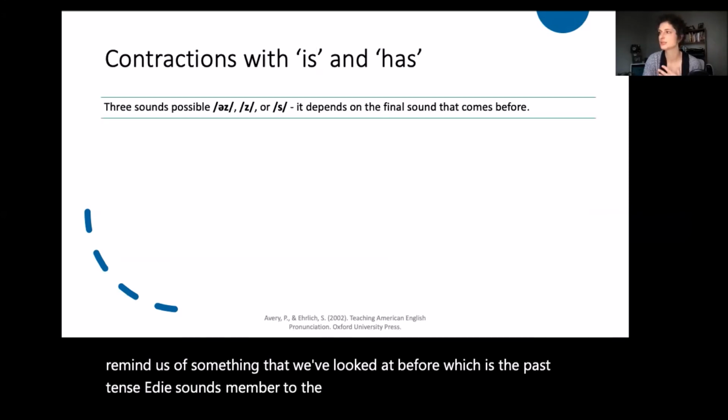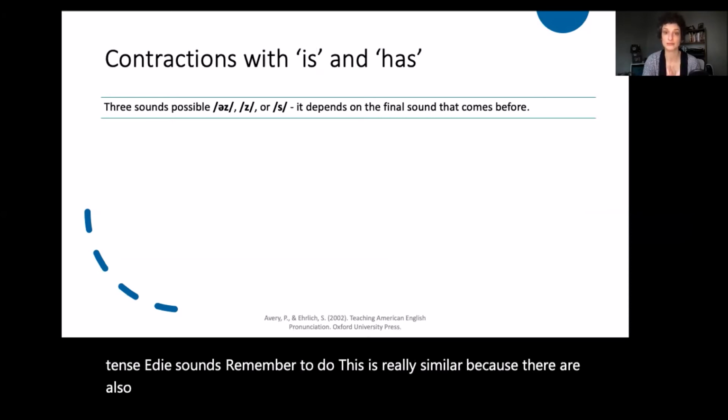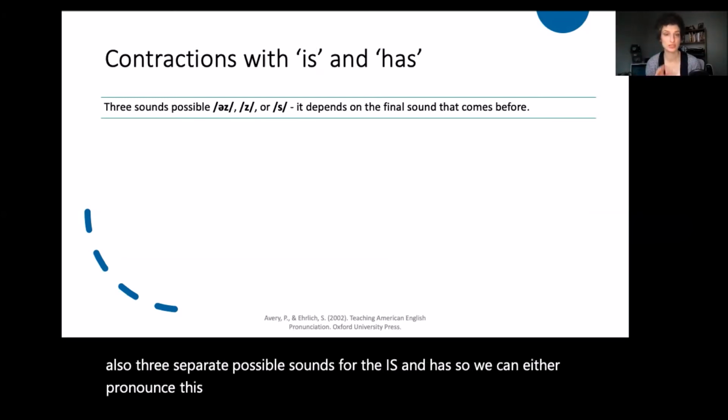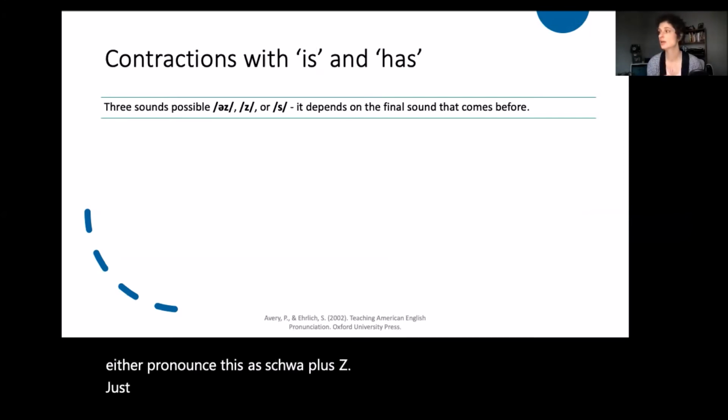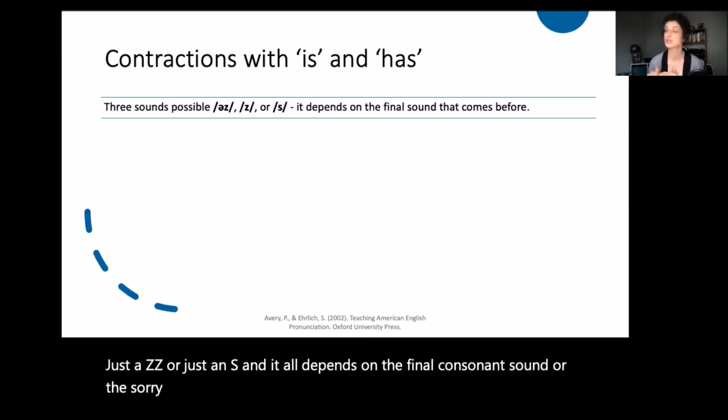This is really similar because there are also three separate possible sounds for the is and has. We can either pronounce this as uz, schwa plus z, just a z, or just an s. And it all depends on the final sound that comes before.